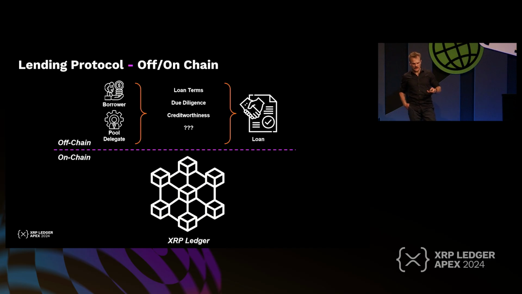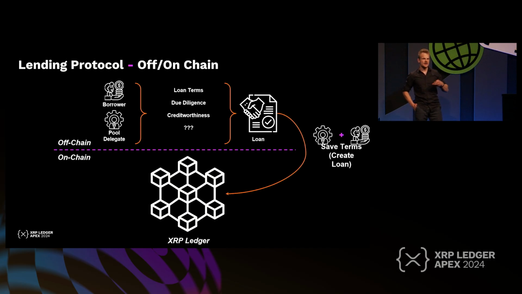Once a loan is created, the borrower and the pool delegate together sign a transaction called loan create and send this to the XRP Ledger. It is very important that this transaction is signed by both parties. If the transaction were signed only, for example, by the borrower, well, this would enable the borrower to create the loan without the agreement of the pool delegate.